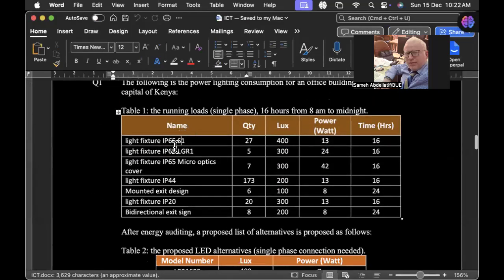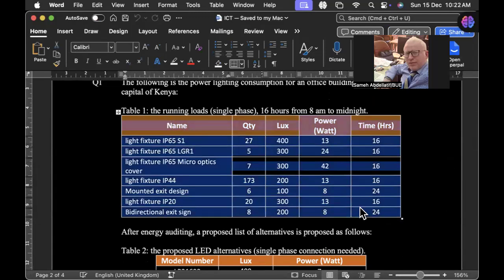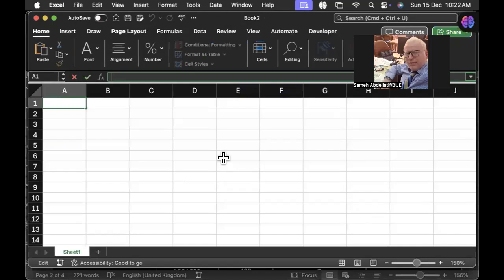Okay, so typically this is the first case, so I can copy this and put everything here in the Excel.